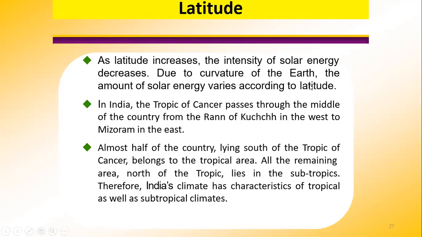Almost half of the country lies to the south of it and belongs to the tropical area, and the rest lies to the north and belongs to the subtropical area. Hence, India's climatic conditions have characteristics of both tropical and subtropical climates.